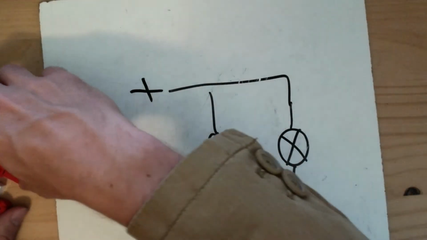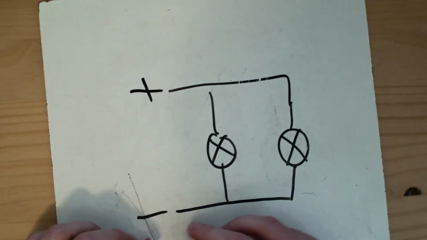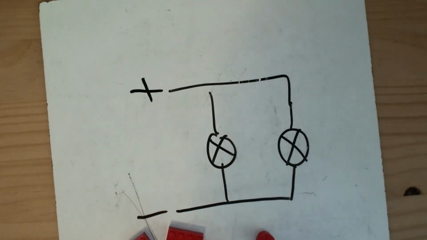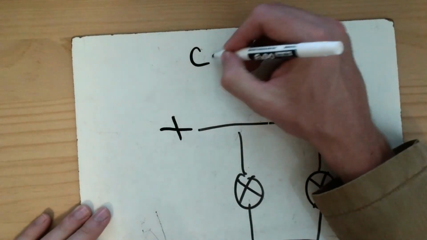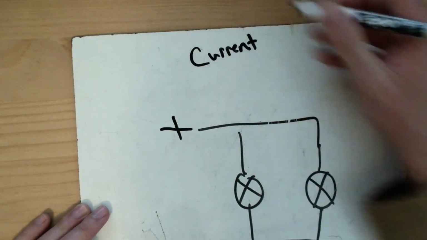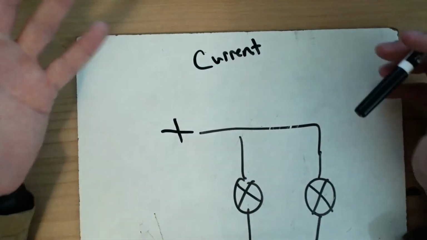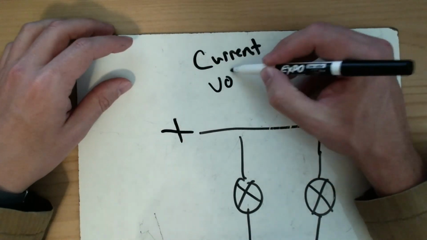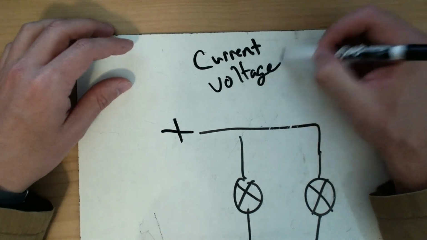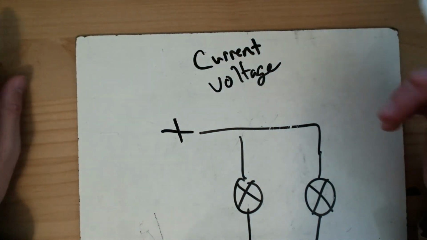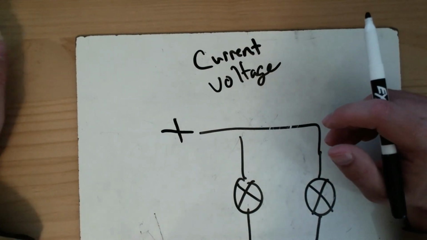When we're trying to figure out how much electricity is moving through this, we can describe it in a couple of different ways. We talked about the idea of current, which describes how much electricity is moving through at any given moment. We talked about the idea of voltage, which describes how much the battery or the power source is pushing electrons through a circuit.